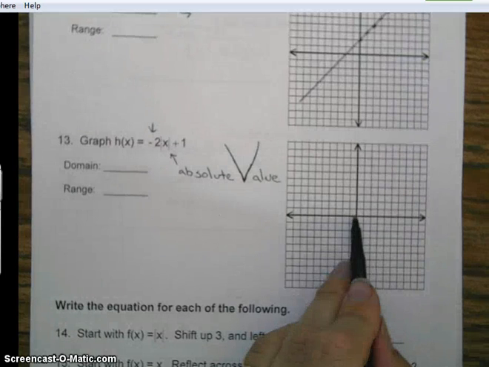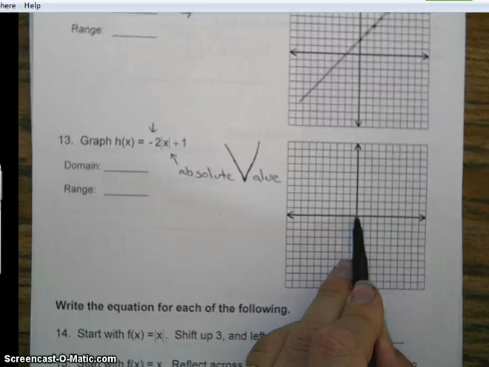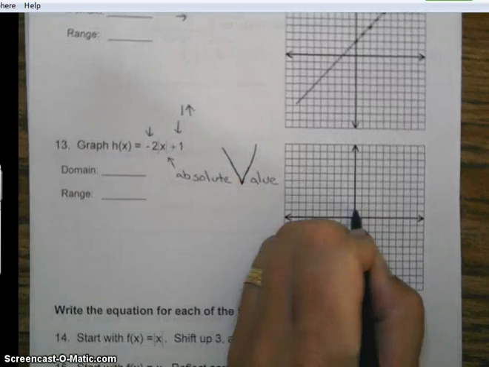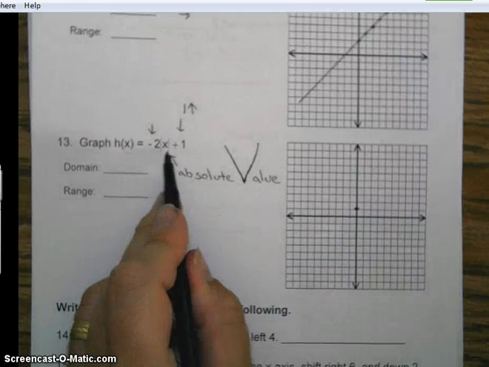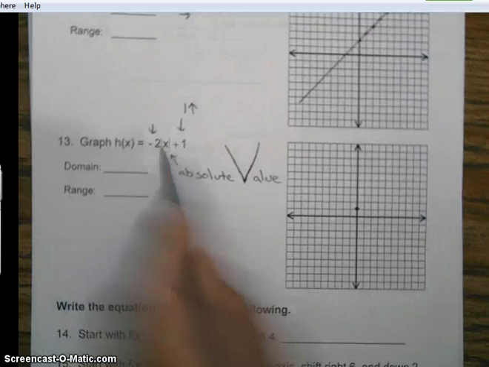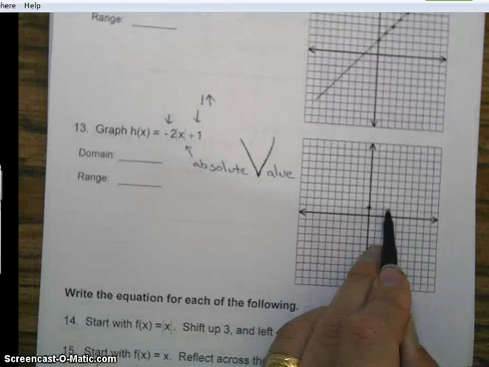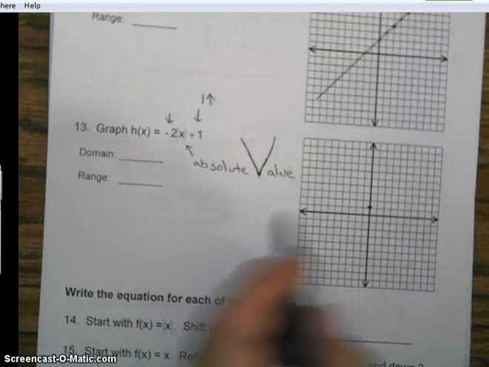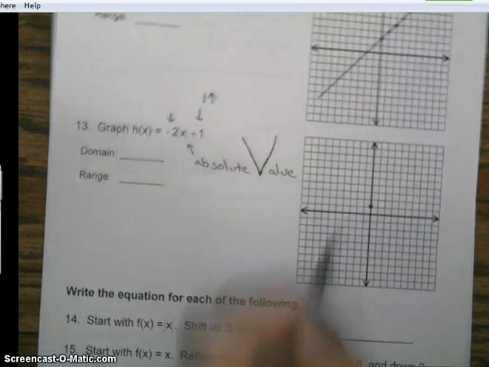And so the V special point is right here. And this number here tells us to move 1 unit up. There's nothing in the parentheses, nothing except the X. So we do not move it left or right, just 1 unit up.